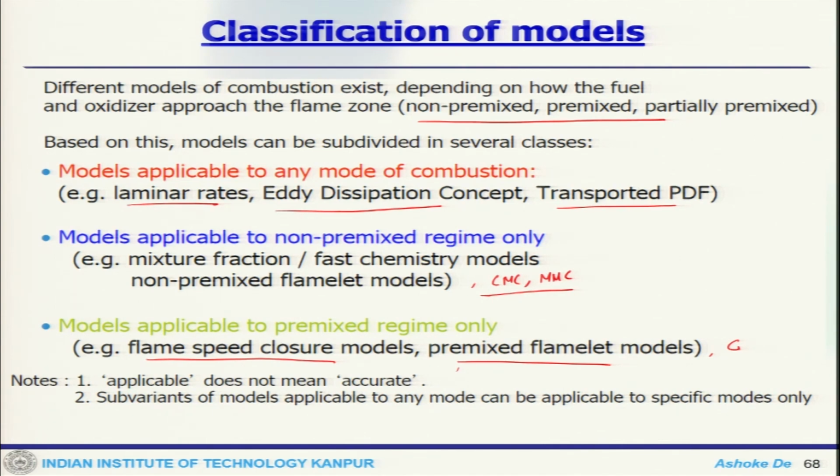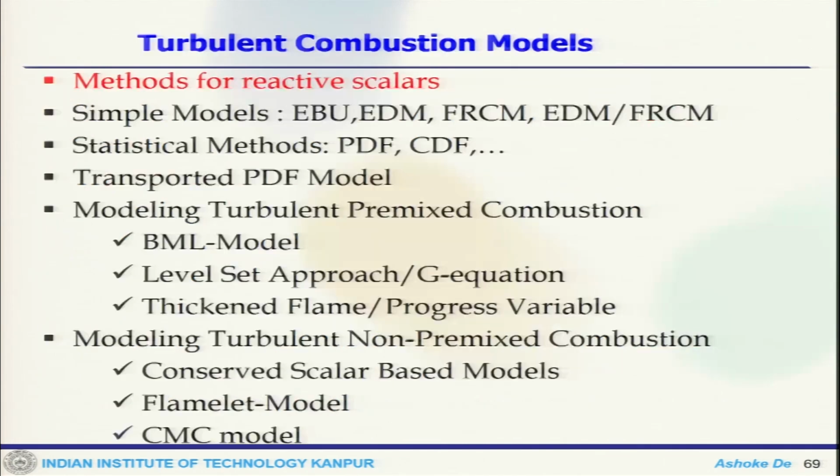Now, when you say applicability, that does not mean accuracy. There are subvariants of models applicable to any mode, and some can be applicable to specific modes only. So one has to be very careful when talking about these combustion models, because they can be applicable anywhere, but that does not mean they will provide you accurate results.